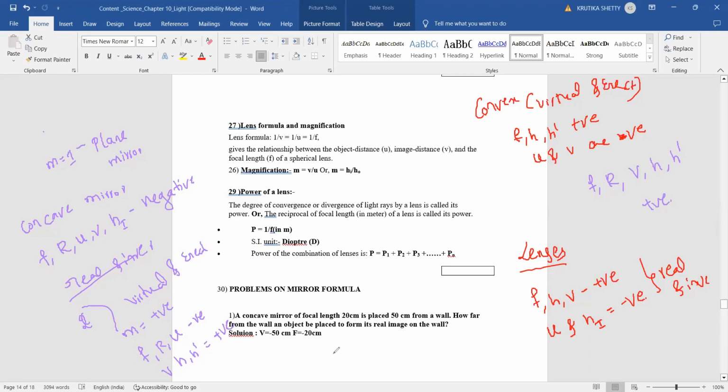That is 1 by f is equal to 1 by v plus 1 by u. So 1 by f is 1 by minus 20, which is equal to 1 divided by minus 50 plus 1 by u. So I can transfer this 1 divided by minus 50 to the other side.